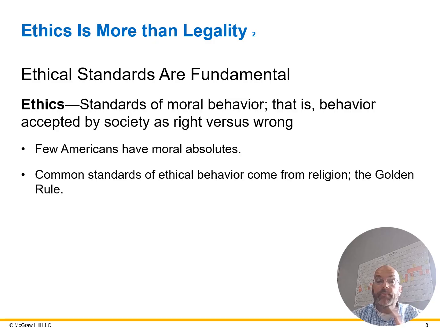Because if you come from a different society, right, it's okay for me to steal as long as you get away with it, right? If that's the case, that is a moral standard. It's moral as long as you get away with it. Okay. This is an issue, obviously. So your standards of moral behavior.